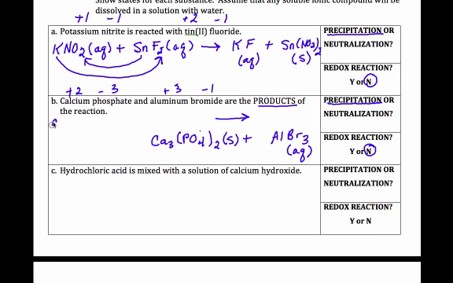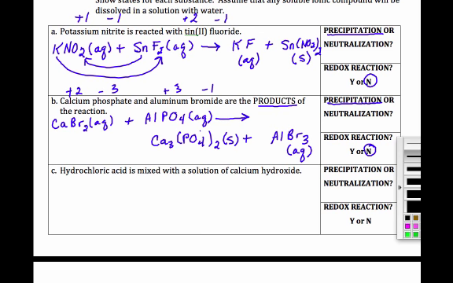So I must have started with calcium bromide and aluminum phosphate. We're going to assume that that's in an aqueous solution, just because the problem doesn't tell us otherwise. Now, one thing I neglected to do on the last one, and you always want to go back and do a double check before you leave the page, did you balance?